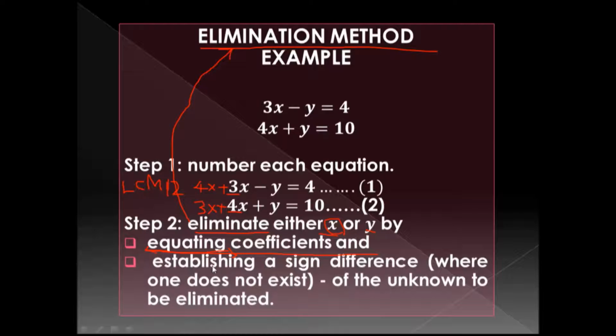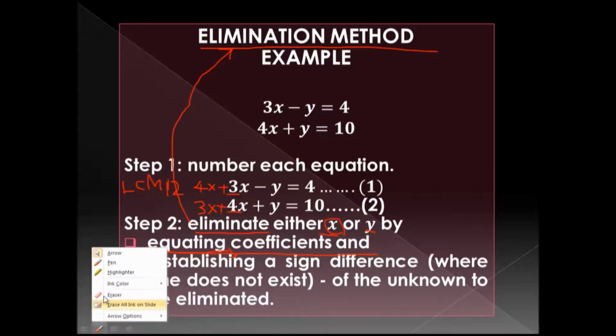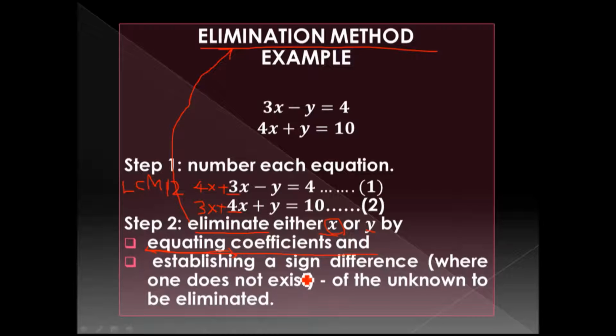The next sub-process under step number 2 is establishing a sign difference where one does not exist of the unknown to be eliminated. Allow me to underline a very important concept in this sub-process. We only apply this sub-process, which I am ticking, whenever there is no sign difference between the two coefficients.